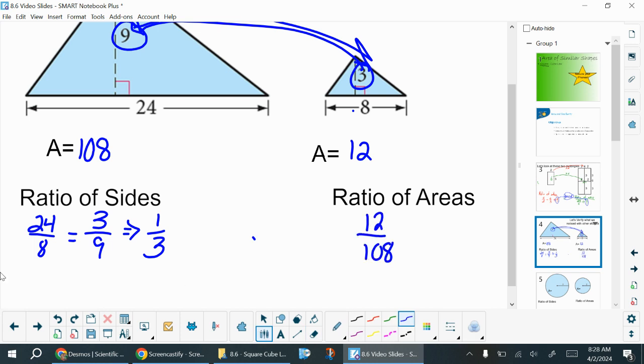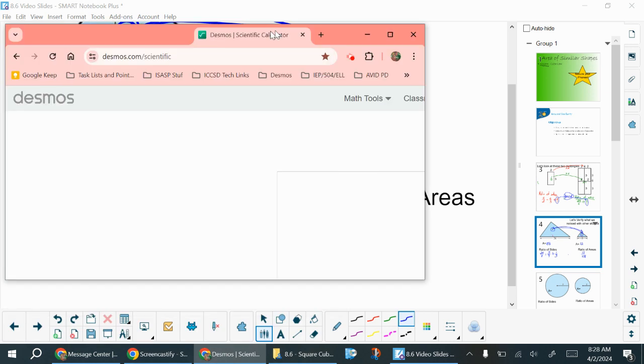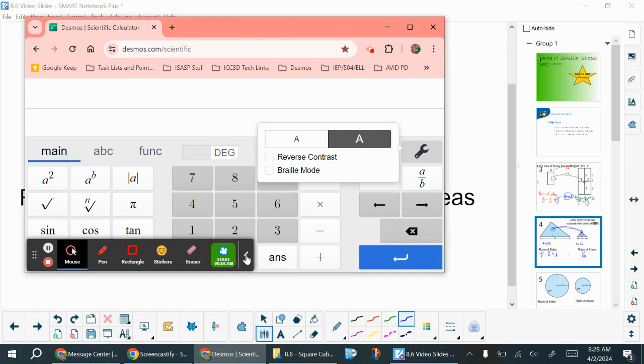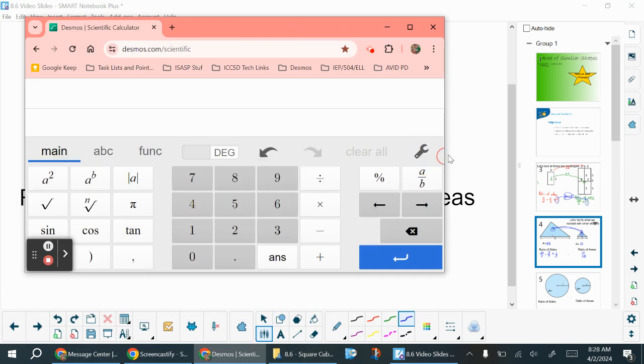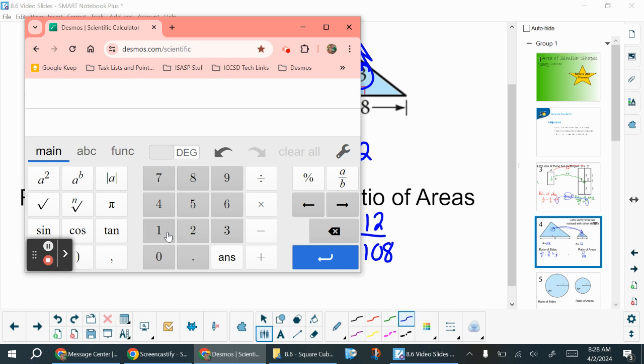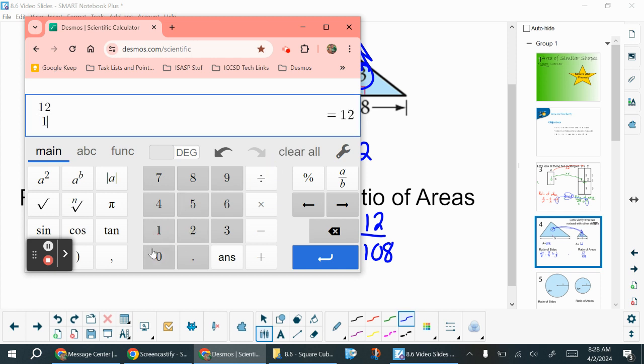So if I pull in a calculator and divide those, I've got 12 divided by 108, and it gives me a decimal, but I can turn it into a fraction, and it is 1/9.